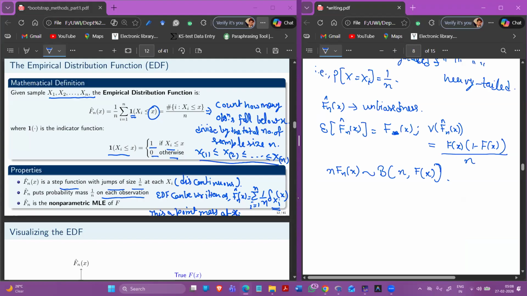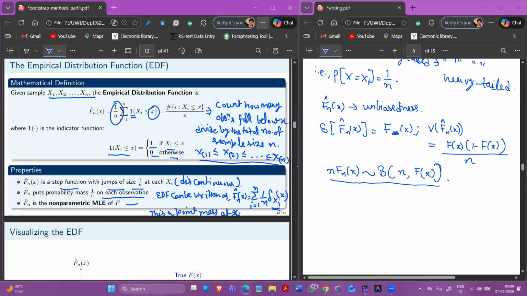So that will be the distribution, because 1 upon n is the probability of selecting each observation. That's why n into Fn(x) follows the binomial distribution. That is the property of your empirical CDF.